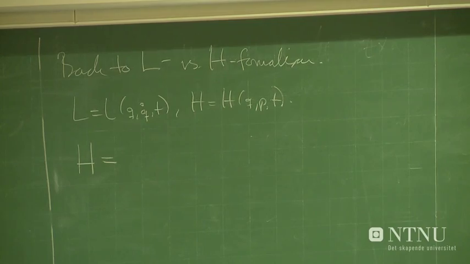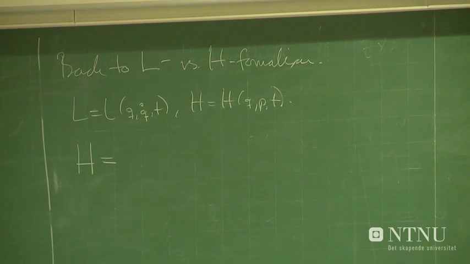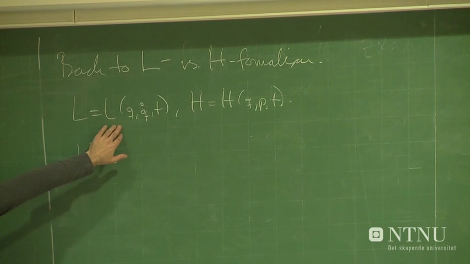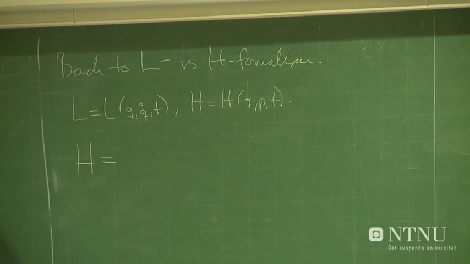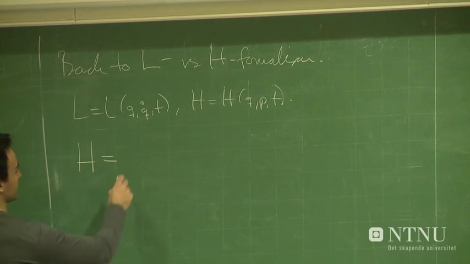So if I want to obtain a new function H with a basis q and p from a function L, which depends on q and q dot, what should my Legendre transformation look like? L minus p times q dot? Yes.